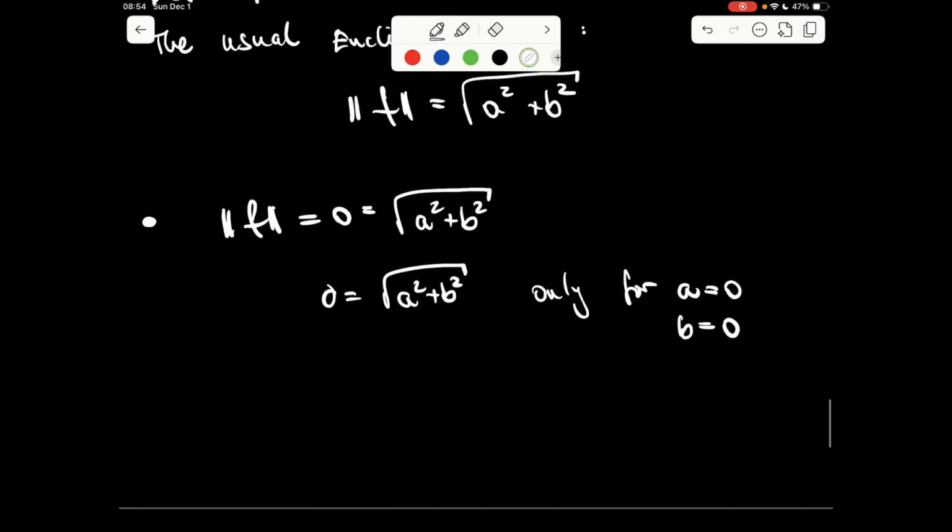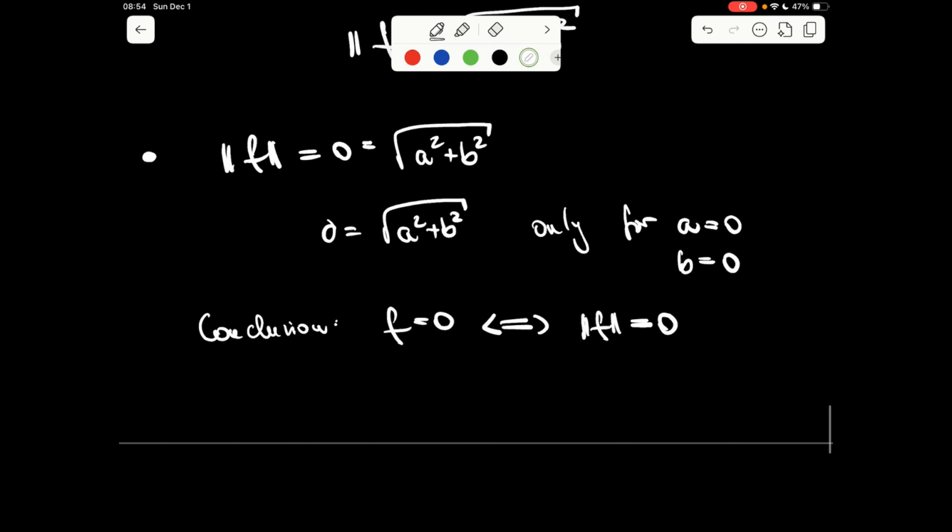Okay, so conclusion: for the 0 function the norm is 0, and it is only the 0 function that has 0 norm.